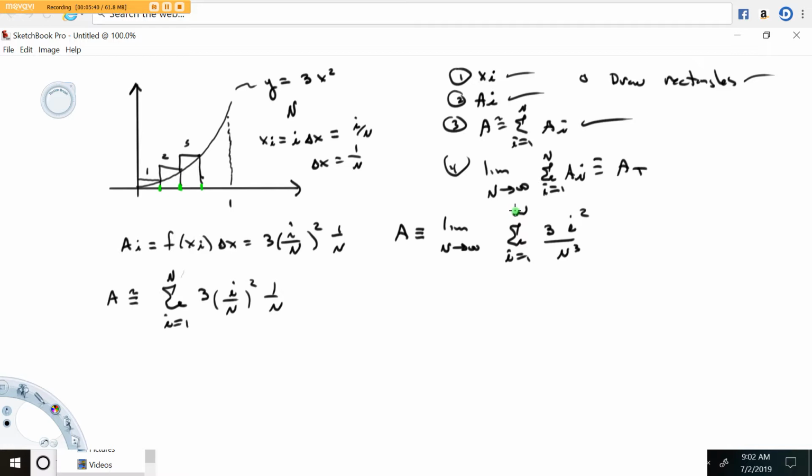Now, there's a bunch of formulas for doing these things, and in the current calculus text that we're using, I'm going to write this one down. In the book I'm using right now, it's on page 261. I'll write it over here.